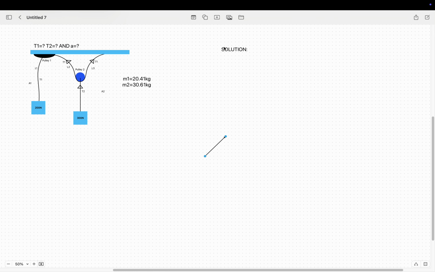If it's going downwards, the other will go upwards, because it's a common rope. It's going downwards, so it's taking the common rope along with it. So the rope will basically go up on one side and down on the other.